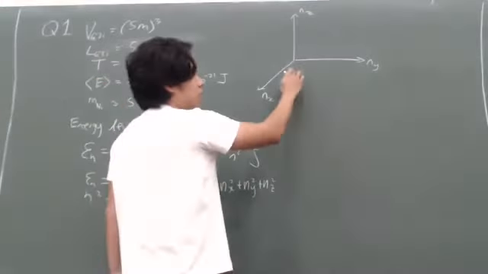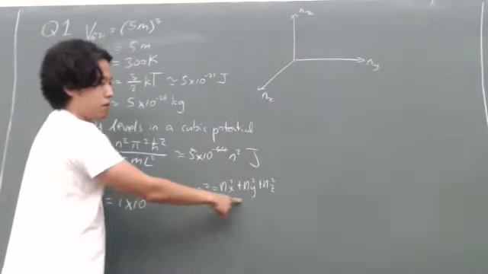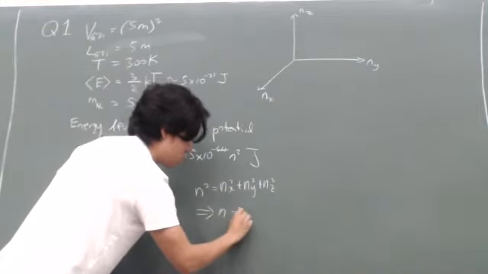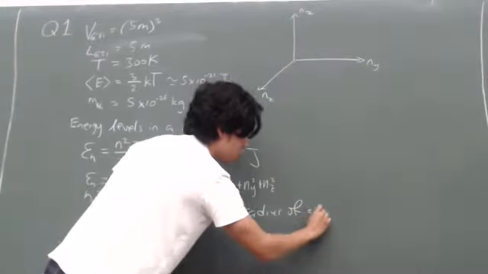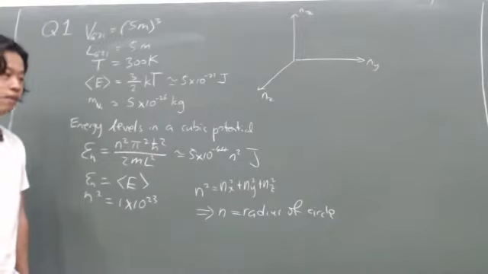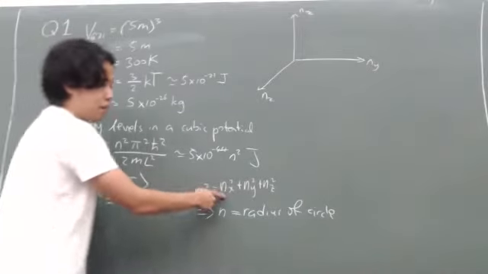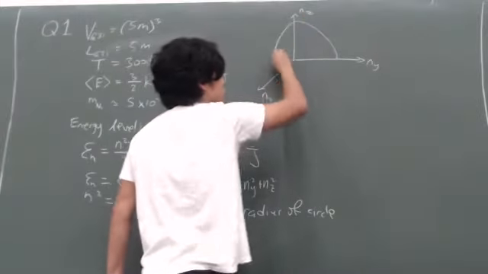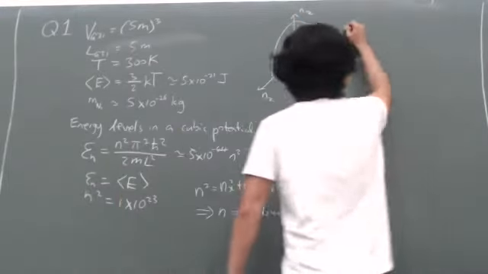The convenient part about thinking this way is that n squared equals nx squared plus ny squared plus nz squared, so n just represents the radius of a sphere centered at the origin of this nx, ny, nz space. So if we want to find, for a fixed n squared, how many of these combinations we can have, you can consider a quarter circle and find the surface area.